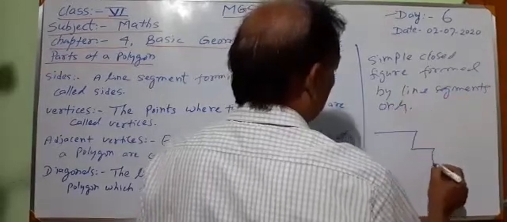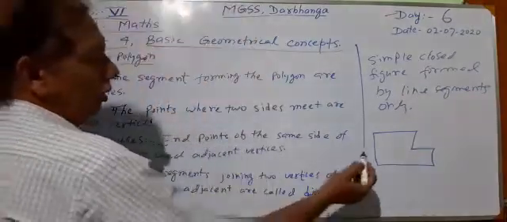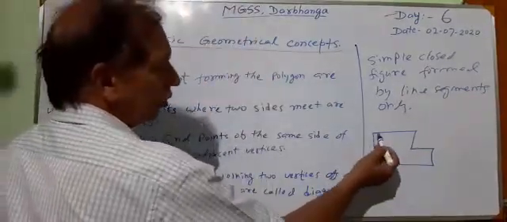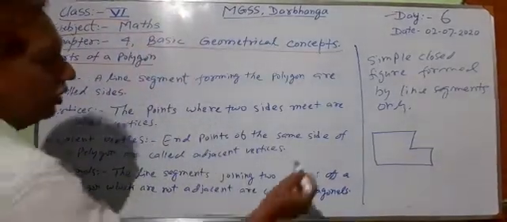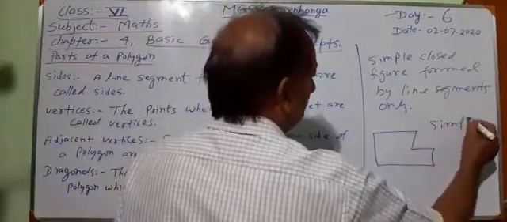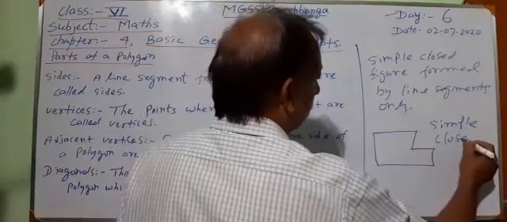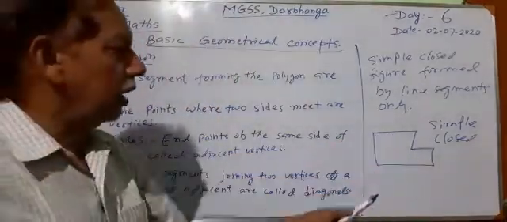This is a polygon. Why is this a polygon? This is simple, meaning no side crosses another side. And this is closed. Why simple? Because no side crosses another side.